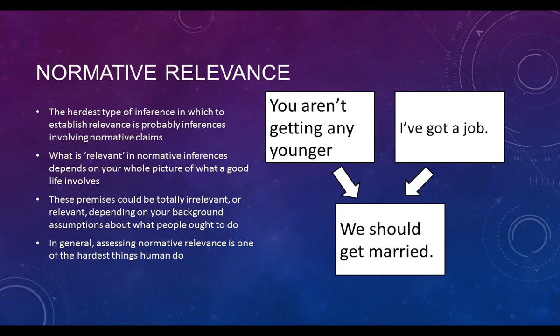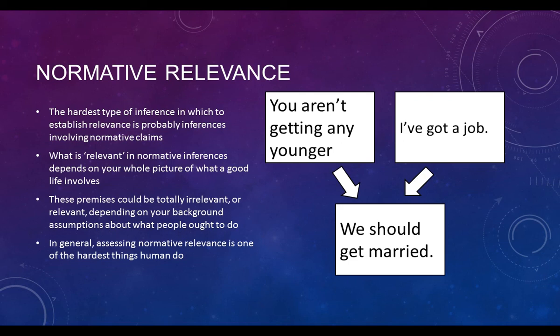And what's relevant, I hope it came out in that discussion, really depends in these normative questions. So look, there's a normative conclusion, we should get married. In normative arguments, what's relevant depends on your whole picture of what it means to be a good human, and what it means to live a good life, right?